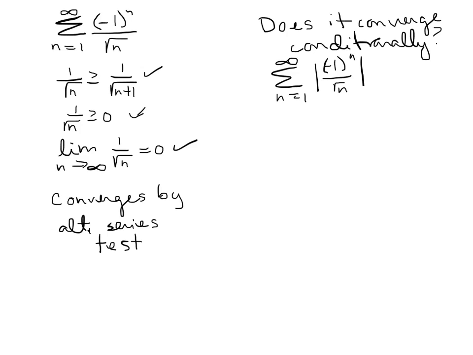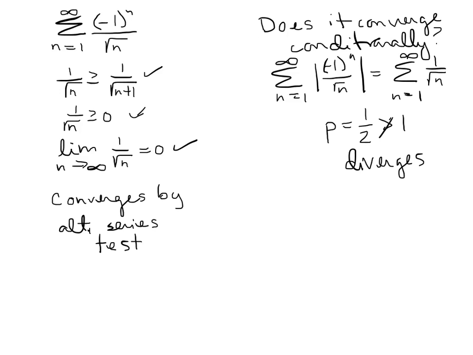Essentially, it just gets rid of that -1 to the n. So we're going to look at the sum of 1 over root n. So that's a p series where p is 1/2 because of the root. It has a power of 1/2. And if you look at your sheet under p series, it would have to be greater than 1, but it's not. So it diverges.